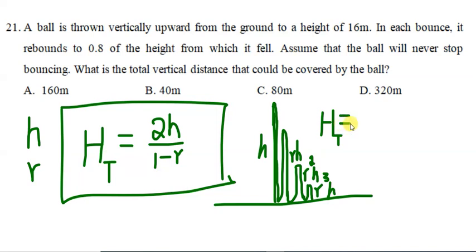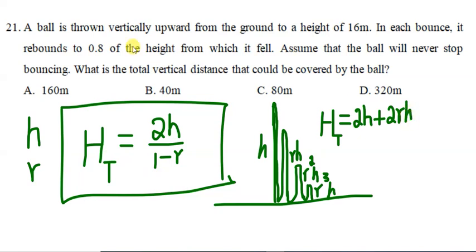There is no, as far as I know, such thing in another field except in mathematics, series and sequences. Here the first one is twice this h, 2h, and once it rebounds, it is r times the original height, the height from which it falls. That is what the question says. It must be 2r times h.